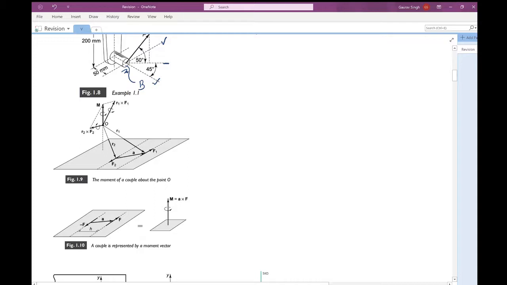In our earlier discussions, there has been only one force, no matter how complicated the geometry was. But we are now considering the cases where there is more than one force.